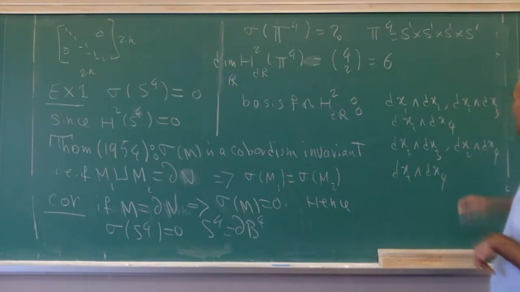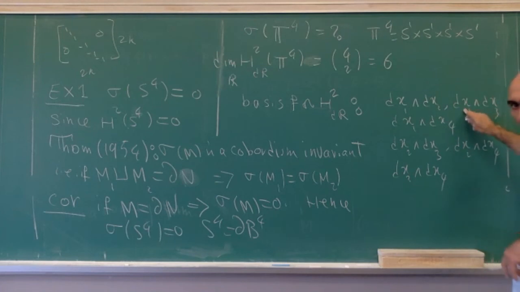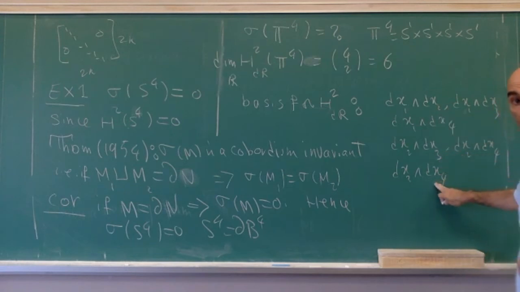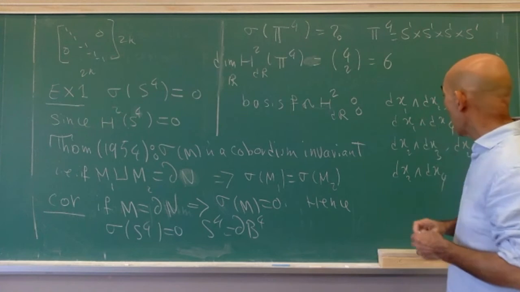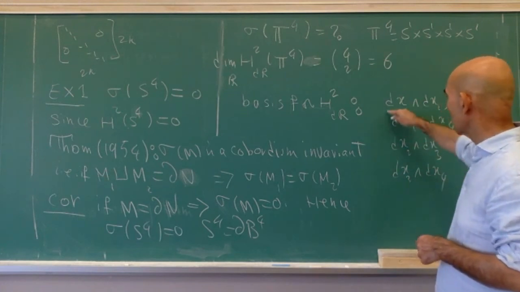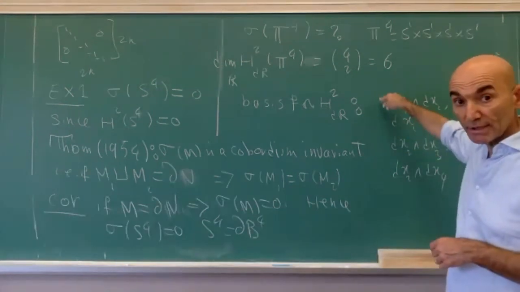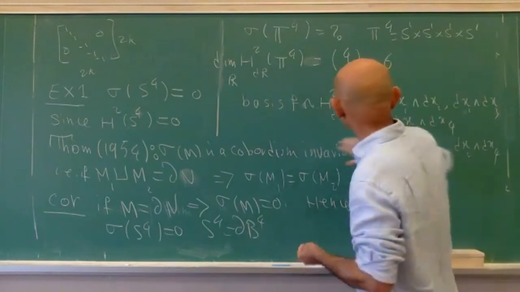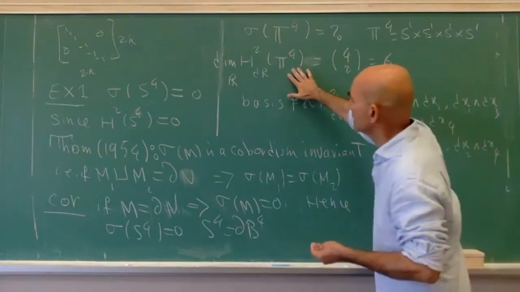No, I realized my mistake, even in the Künneth formula. Yeah, right. Good. So this is 3, 2, 1, 6. So this is a basis. And in fact, you can write down everything as constant linear combinations of such things, because this is a 6-dimensional space, and this is a basis for this space.